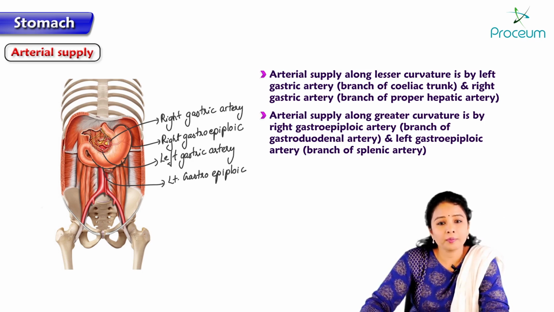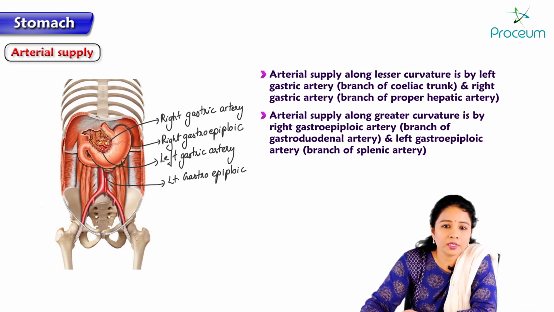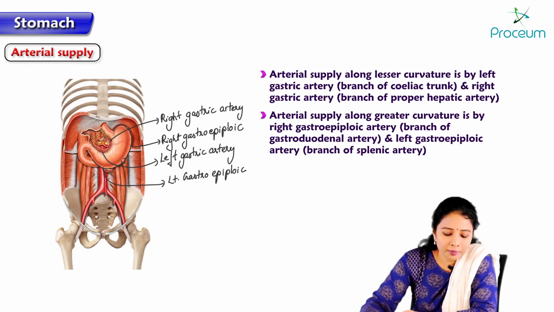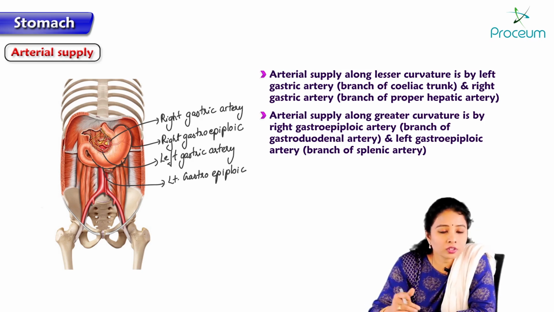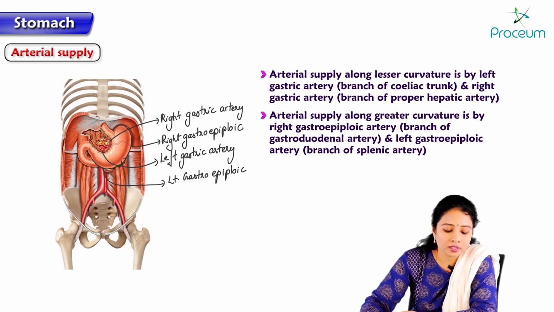The left gastroepiploic artery is a branch of the splenic artery. The right gastroepiploic artery is a branch of the gastroduodenal artery. These epiploic arteries are along the greater curvature of the stomach.